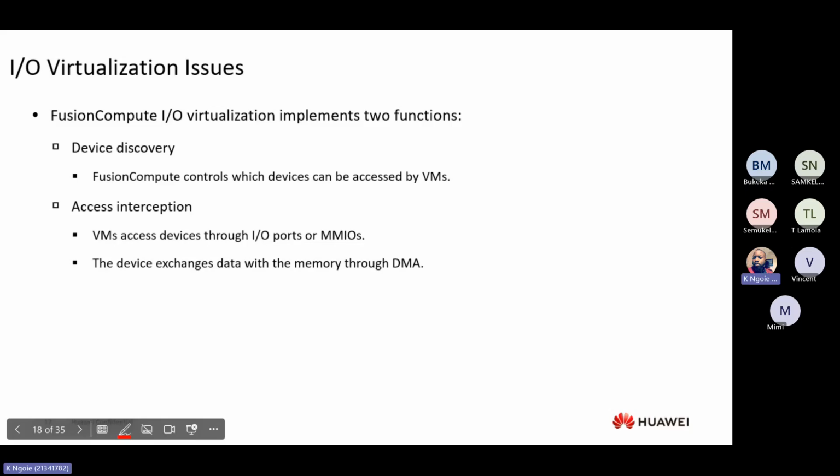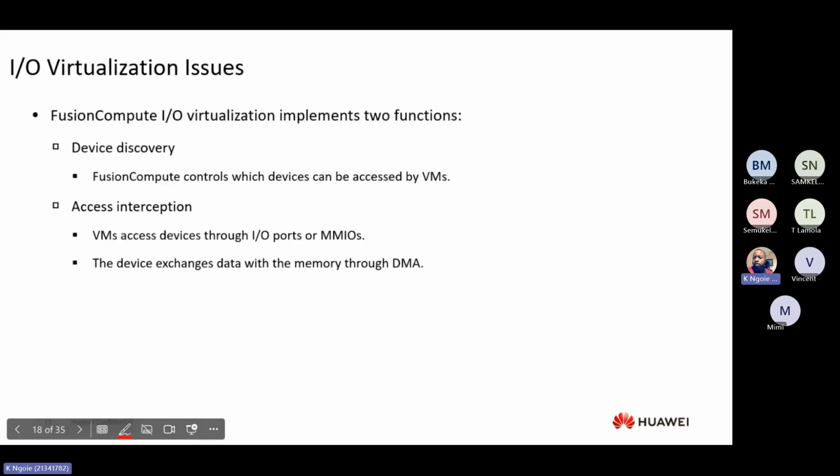So these virtual machines think that they have their own NIC card, but actually they are sharing the same one. Each virtual machine believes it has its own NIC card, but in reality, they all share the same physical NIC through the virtualization layer. All right, so I hope that is clear.